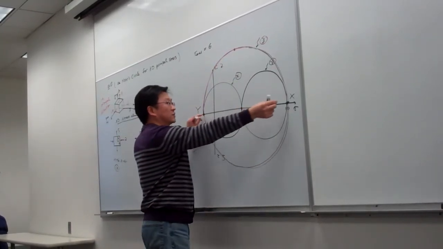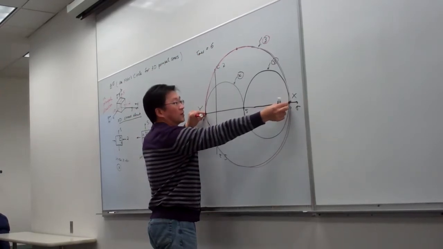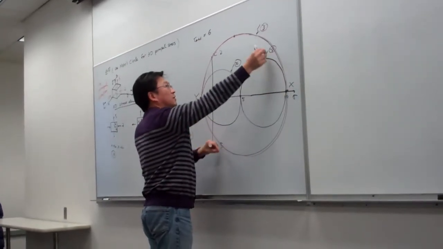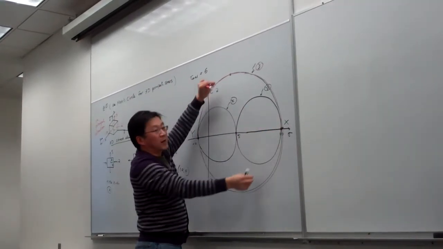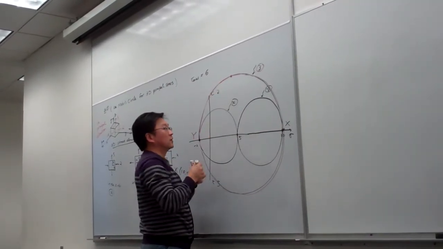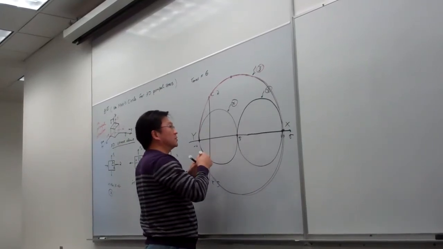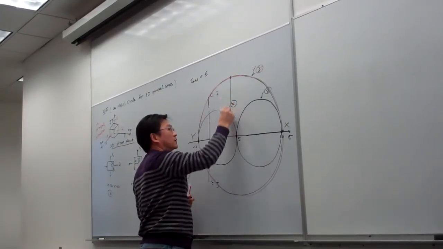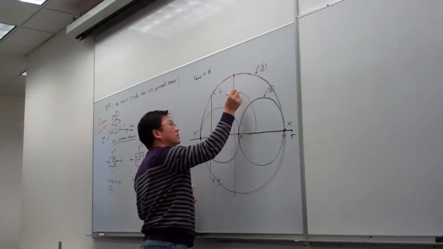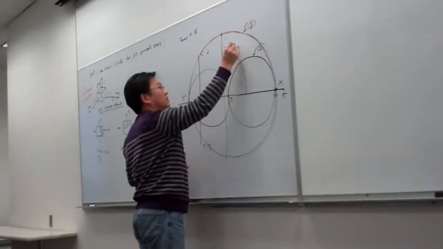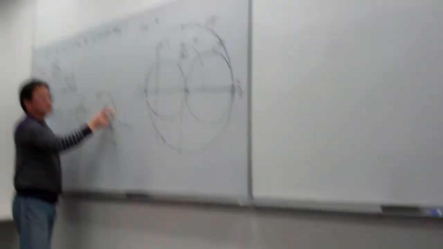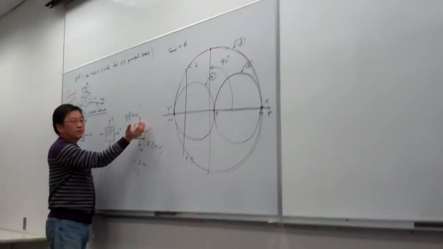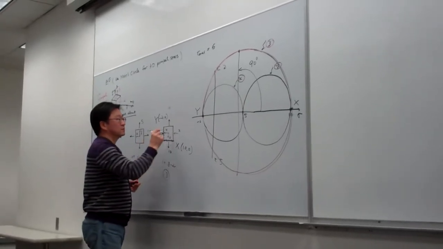Either we can rotate on the Mohr circle counterclockwise or clockwise, either way. So for example, let me choose to go in this direction. From here, if I choose this direction, that is 90 degrees, which corresponds to rotating this element by 45 degrees.